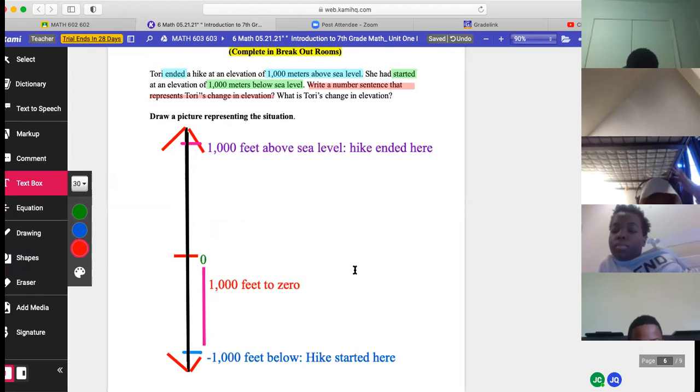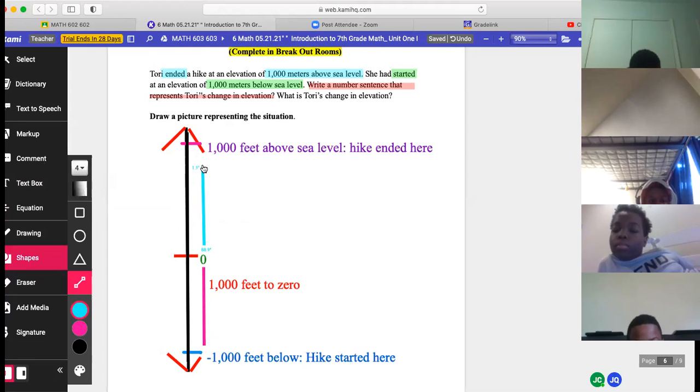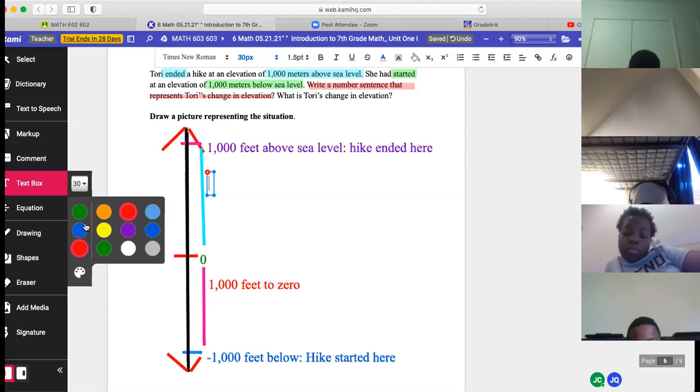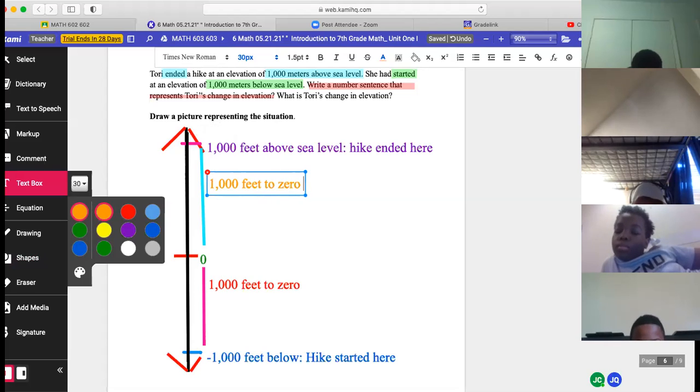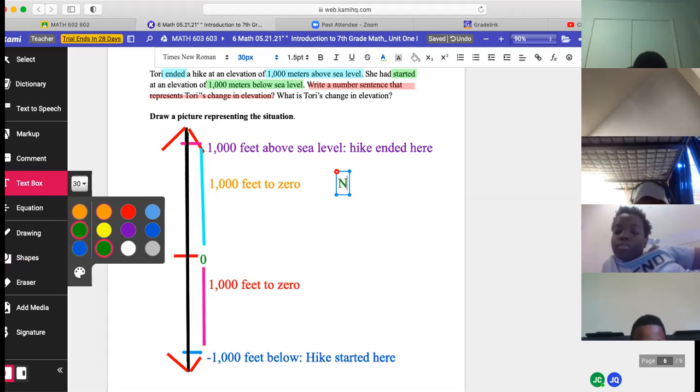Lorena, how far is 1,000 from 0? 1,000. Okay, so we're going to do that in orange. 1,000 feet to 0. Now, we have to come up with a number sentence like we did on the first question in order to figure out this answer, correct?